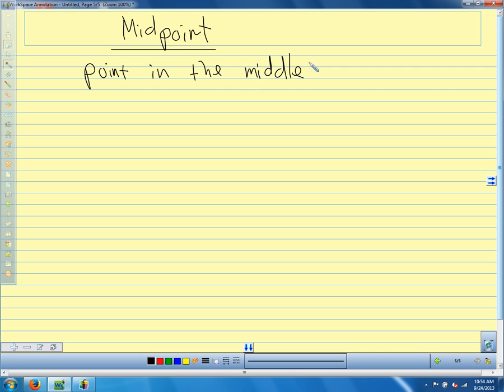So if we have the midpoint of a segment, what does the midpoint do to the segment if it's in the middle? Cuts it in half. Perfect. The midpoint of a segment cuts it in half.